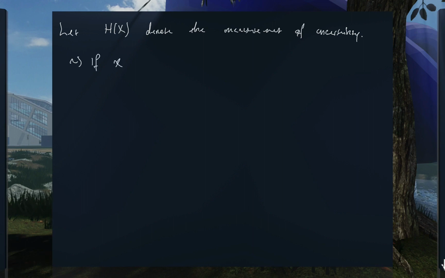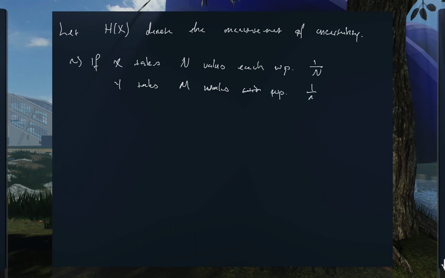then that random variable has more uncertainty compared to a random variable which takes fewer values, also with similar probabilities. So if x takes n values, each with probability 1 on n, say, and y takes m values with probability 1 on m, if m is less than n, then we want the uncertainty in y to be less than the uncertainty in x.